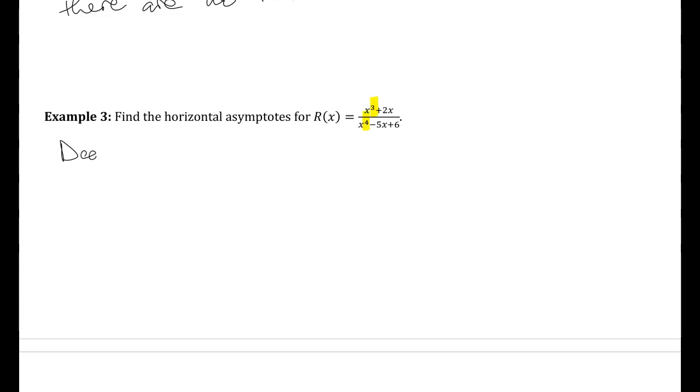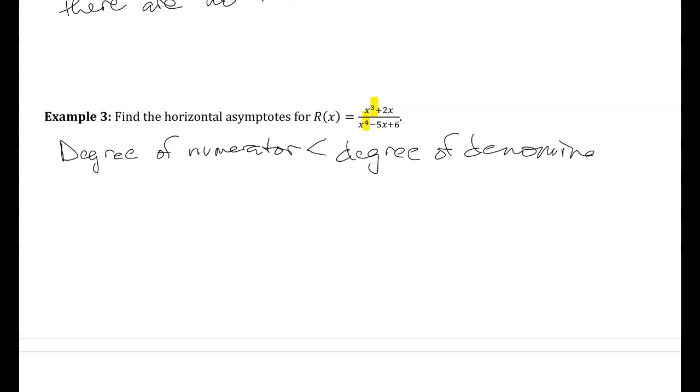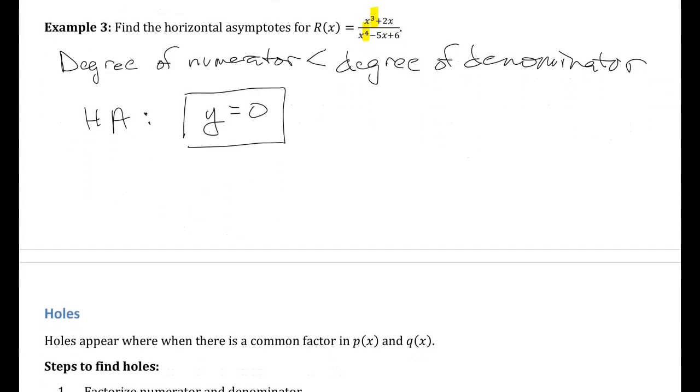Since the degree of the numerator is less than the degree of the denominator, our horizontal asymptote will be y equals 0. Okay, so pretty straightforward process, just looking for the degree of the numerator and denominator and comparing them.